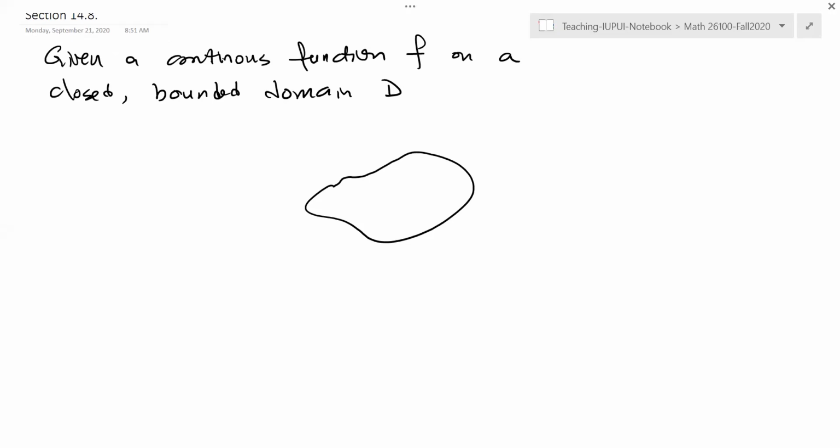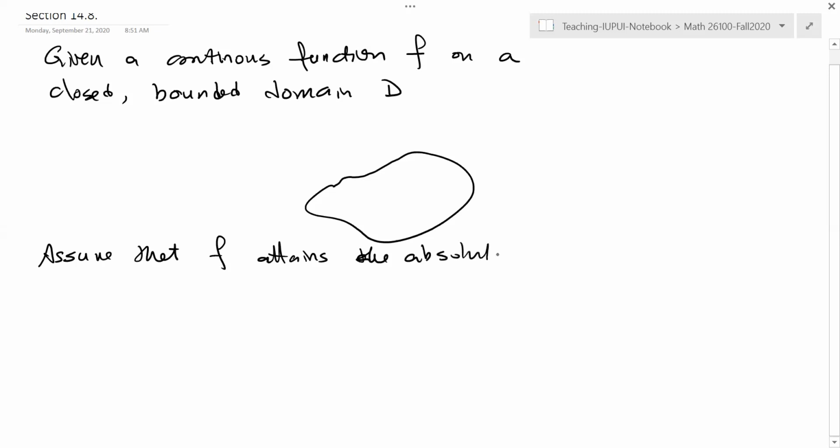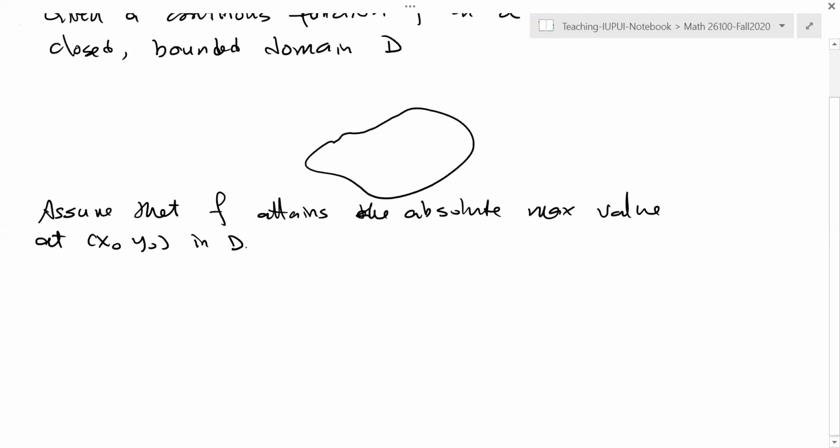So there are two possibilities here. We assume that f attains the absolute maximum value at some point in D. Now this could be inside D, could be on the boundary, okay?